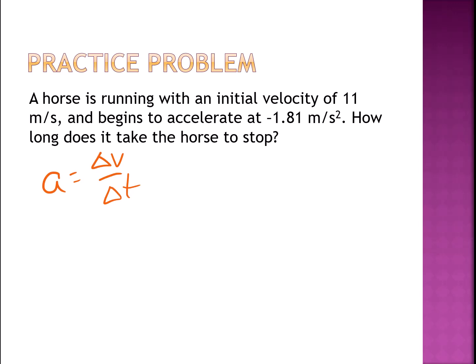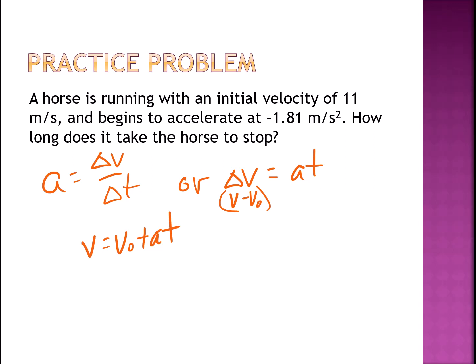I am going to use the only acceleration equation that has been given to me so far. It's the change in velocity over the change in time. The change in velocity can be rewritten outward if I wanted to. So I can cross multiply the time over, and then I can expand the change in velocity so I get this equation.